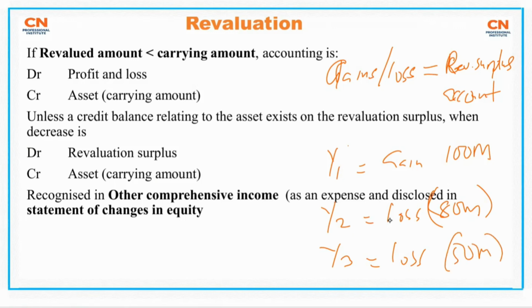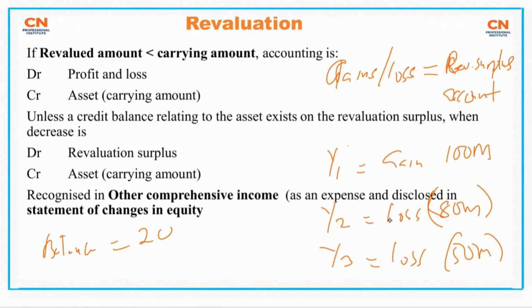You realize that at the end of year two, there will be a 20 million balance in the revaluation surplus account. We had a gain of 100 million, we had a loss of 80, so we use the 80 to reduce the 100 and we have 20 gain. Now you've made a loss of 50. You can't record all the revaluation loss in the revaluation surplus account because we only have a balance of 20 sitting there.